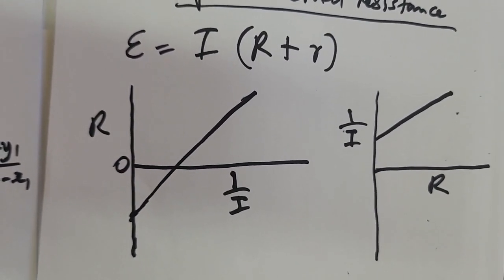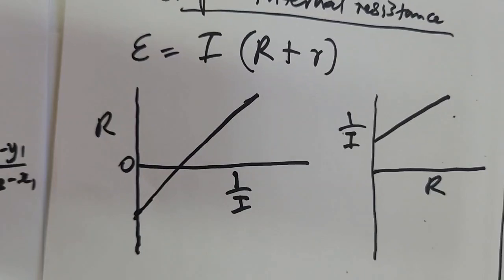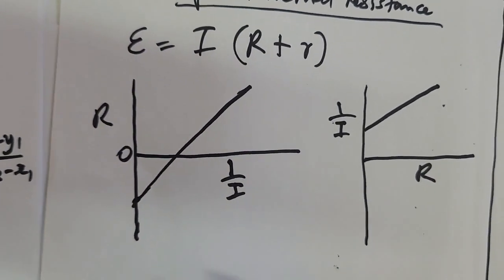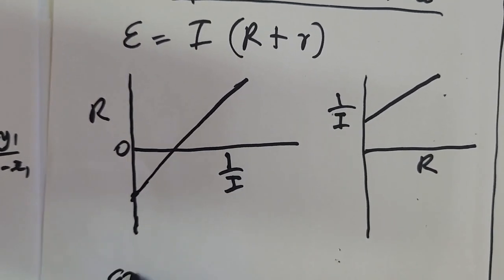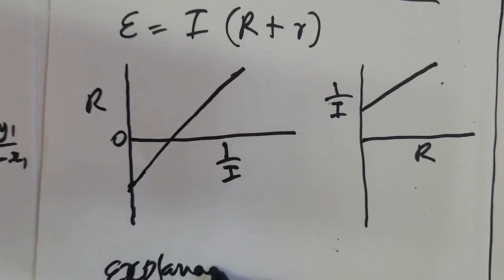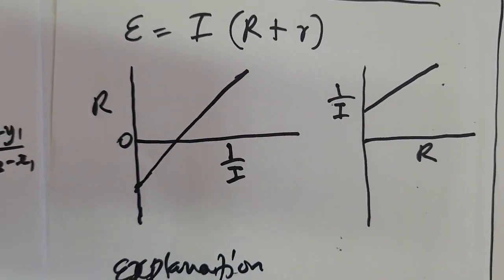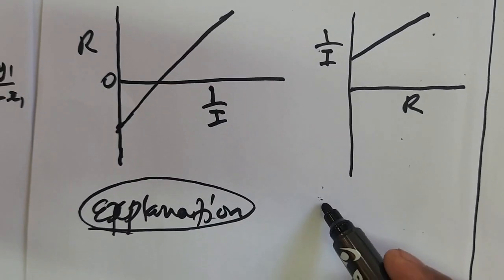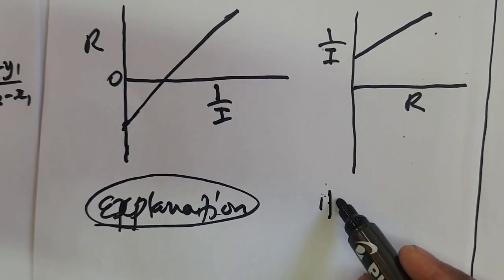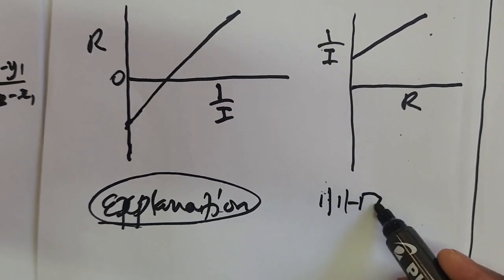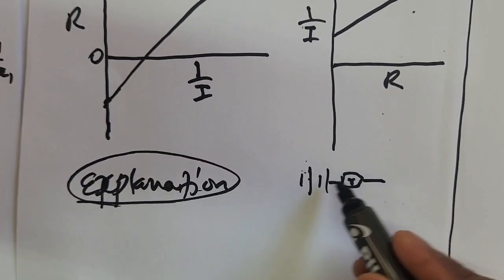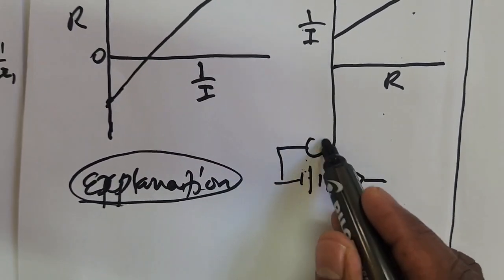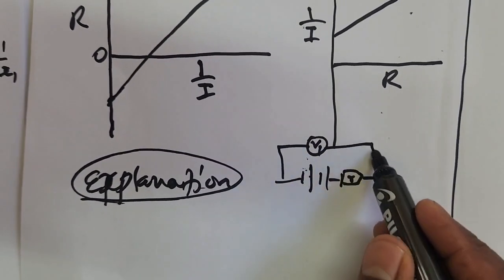The last question in this, before we do one simple question, is when you're going to explain. Explanations will normally be 4 marks. Hypothetically, if I've got a battery and the internal resistance, and this is the most important one, V1.